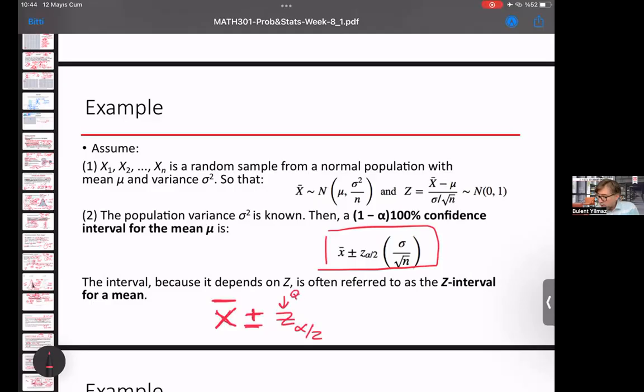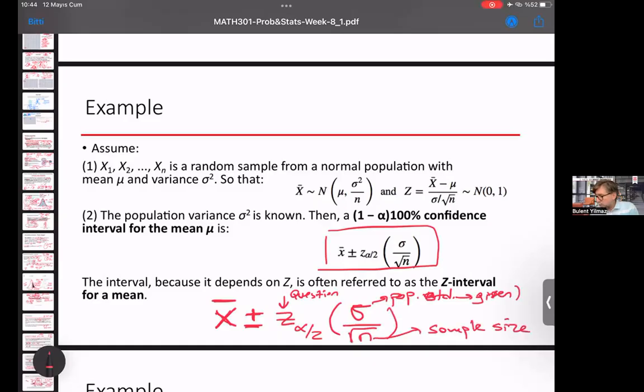Then you multiply this with sigma, the population standard deviation, which is given, and divide by the square root of n, the sample size of your sample.